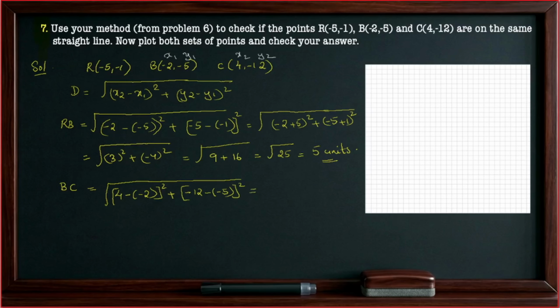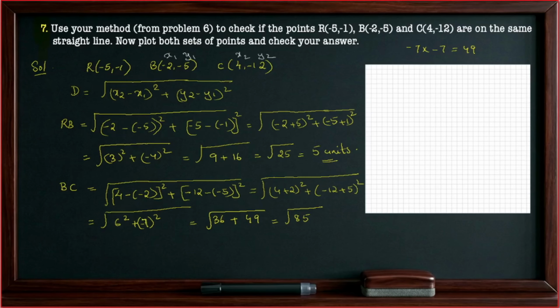This is equal to root of (4 plus 2) the whole square plus (-12 plus 5) the whole square, which is root 6 square plus -7 square, equal to 36 plus 49. So the answer is root 85 units.